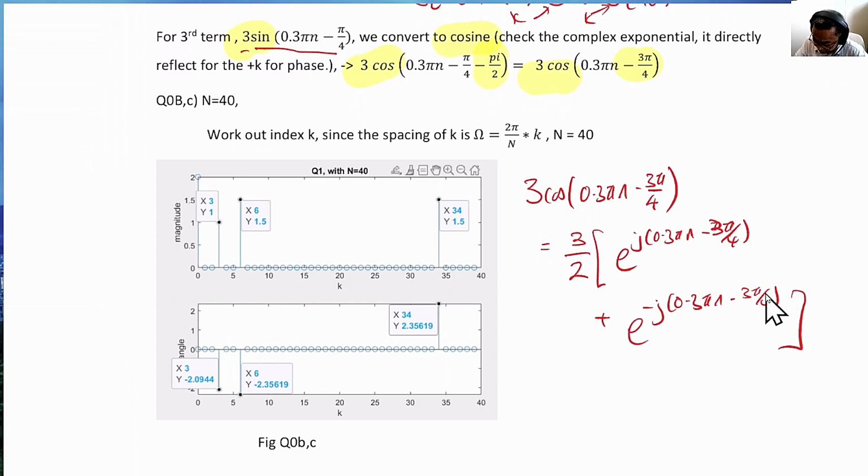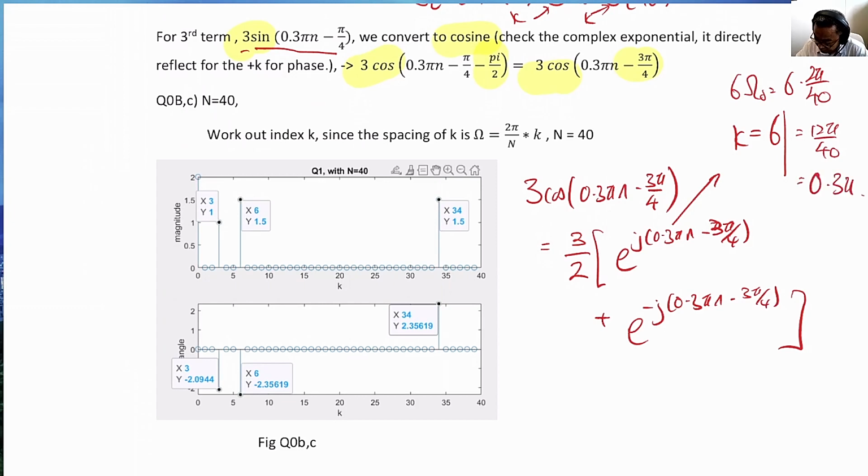Now, where is 0.3 pi? It is at k equals 6, because 6 omega naught is equal to 6 times 2 pi divided by 40, which is 12 pi over 40, which equals 0.3 pi.